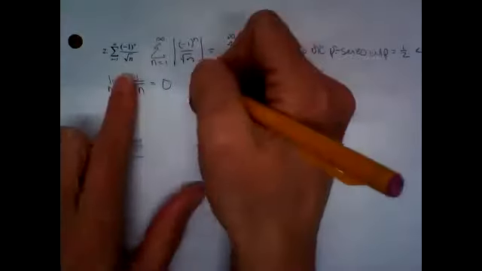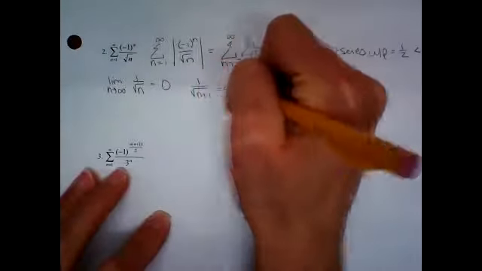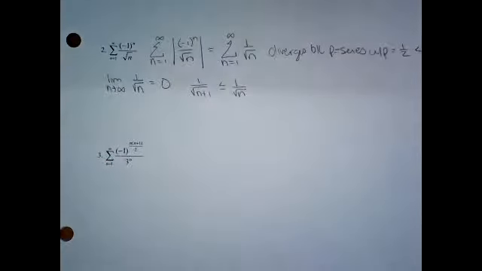What was the second part of the alternating series test? Good, the n plus 1 term, the next one, has to be smaller. Essentially, they have to keep getting smaller and smaller. So if you plug in n plus 1 to that, is that less than or equal to the term with just n? So is that true?